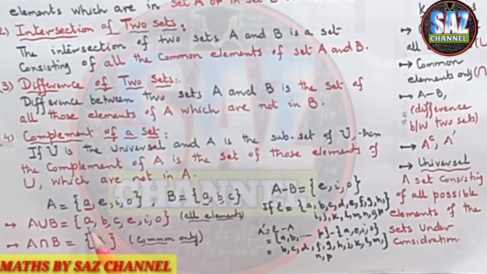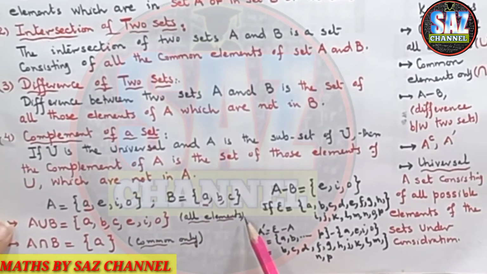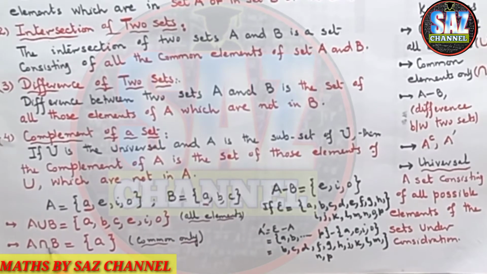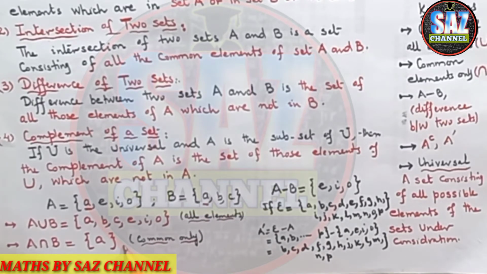Then the next letter which comes after A is B, then C, then E, I and O. It means that for the union we are writing all the elements of both the sets. Coming to the second operation, which is intersection. Intersection means the common elements only. If we look at both the sets, we can see A is the only common element between the two sets, so the intersection will be A.